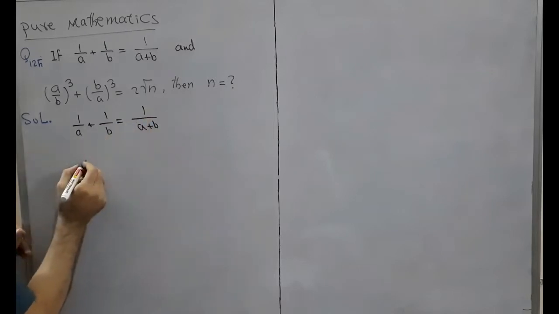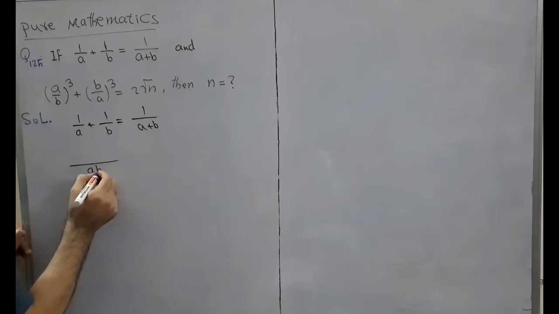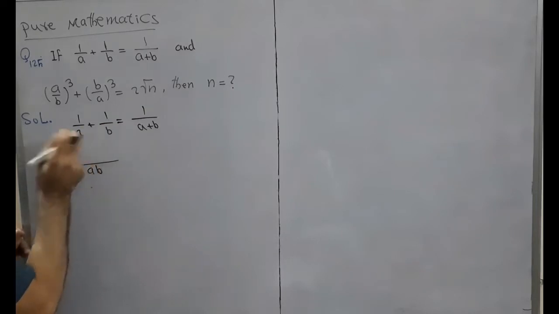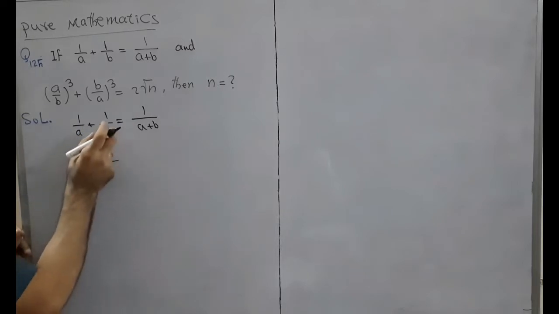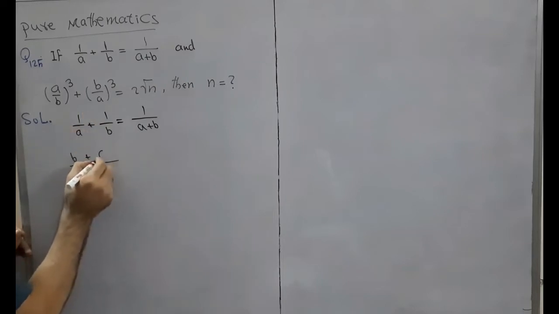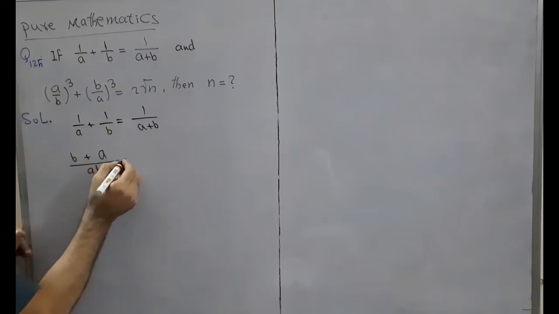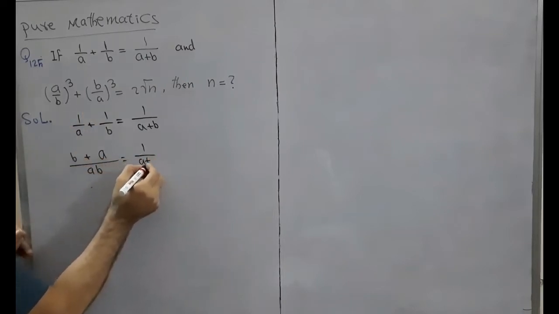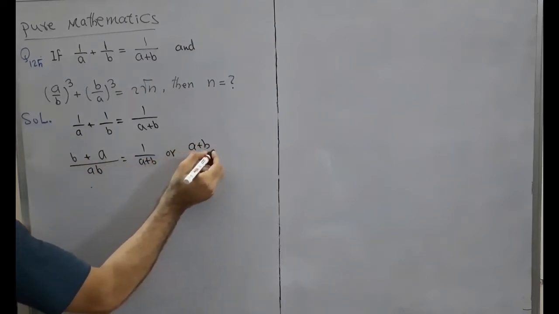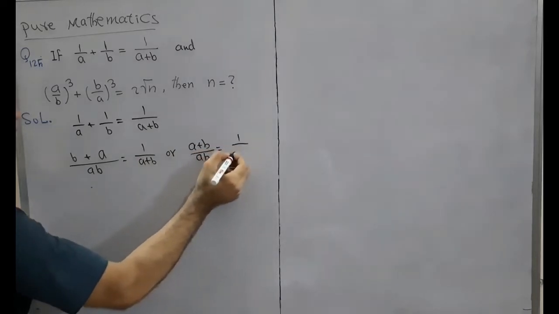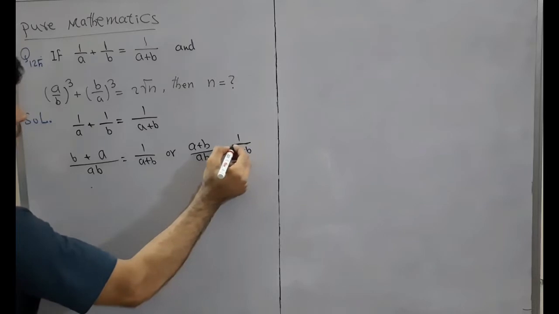Here we take a common denominator according to the rule of fractions. a into b divided by a, we can write b, plus a into b divided by b, we get a, is equal to 1 over a plus b. Or we can write a plus b over a into b is equal to 1 over a plus b.